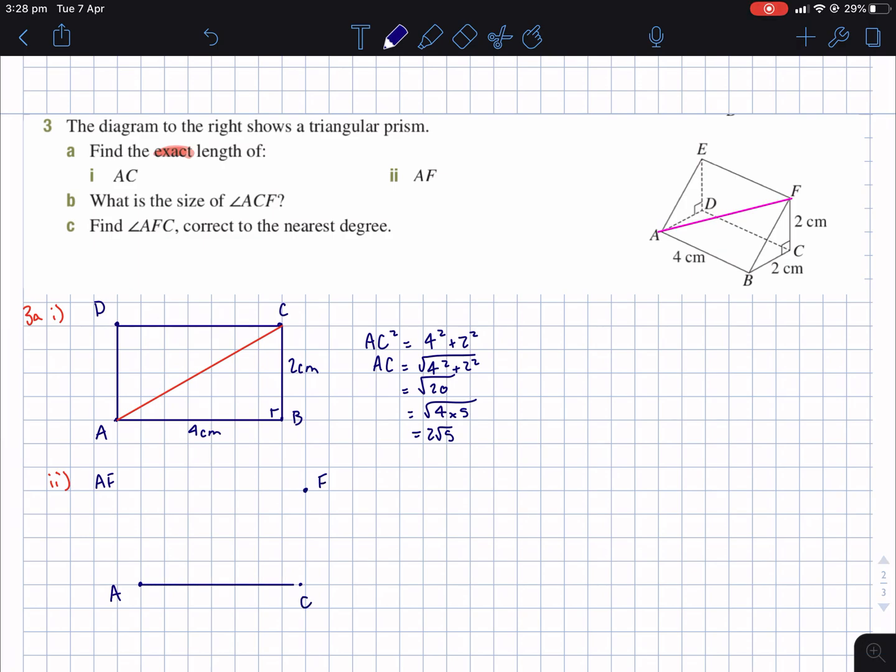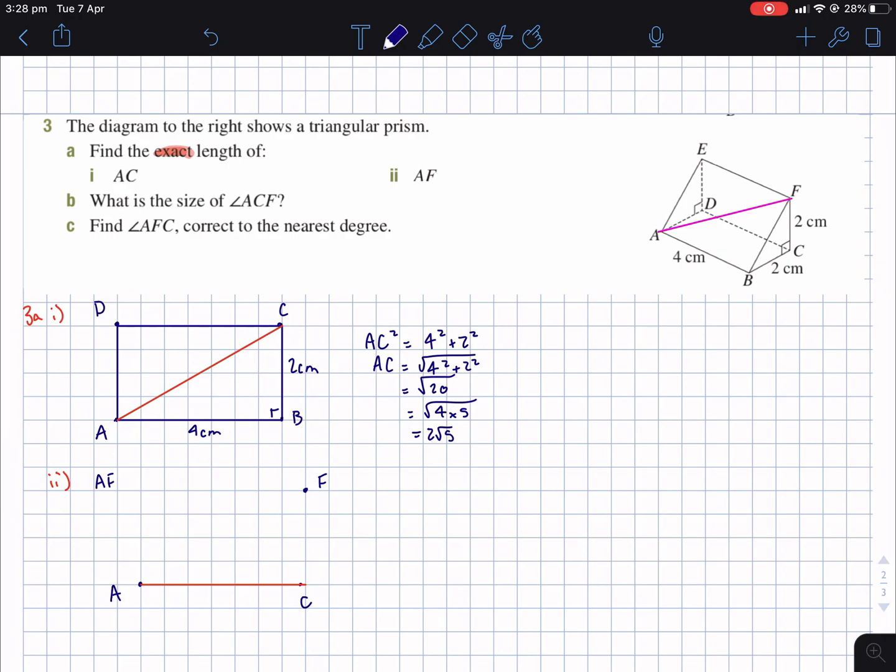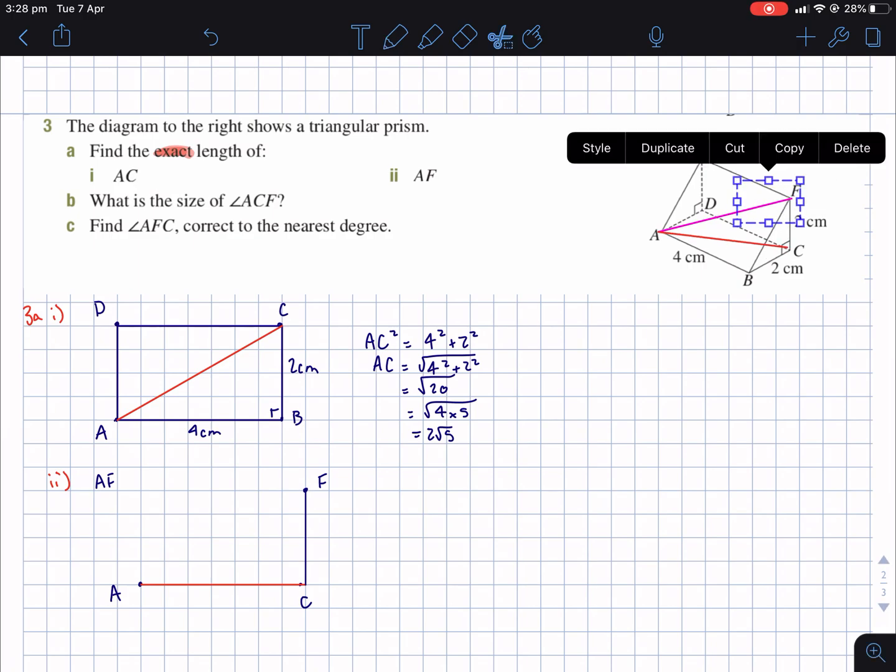So AC I already know, it's the red one that I did just above. CF we know, we've been told that. Sorry, I'm just trying to colour code these some way. I don't like the fact that I used pink.